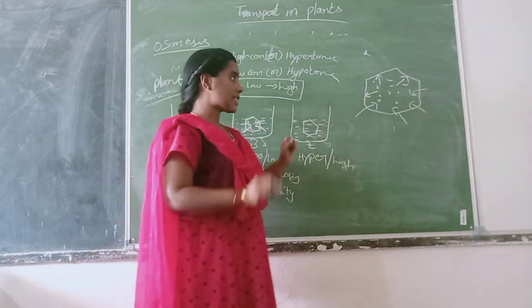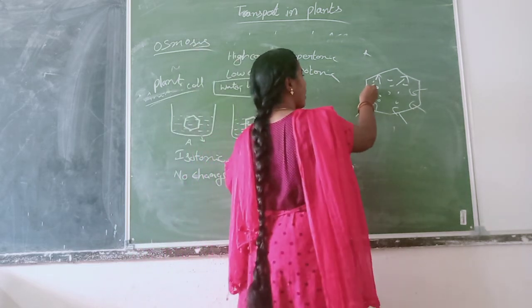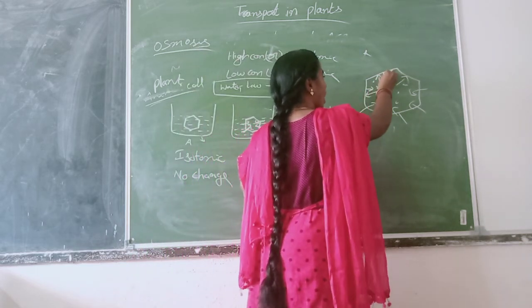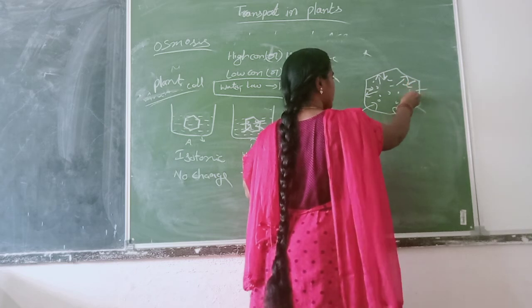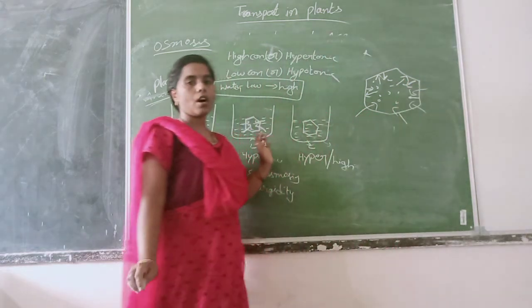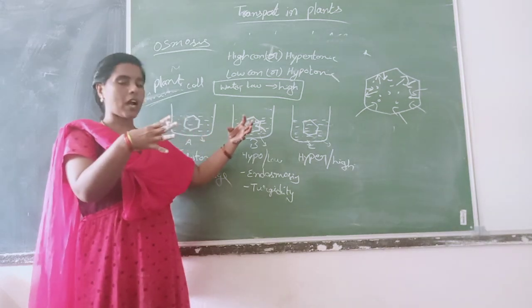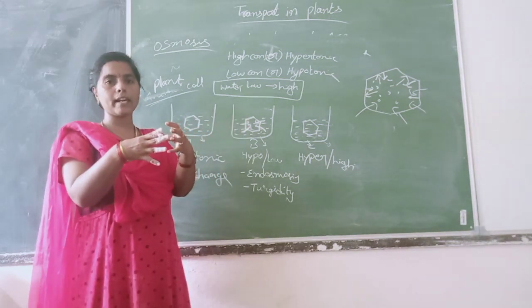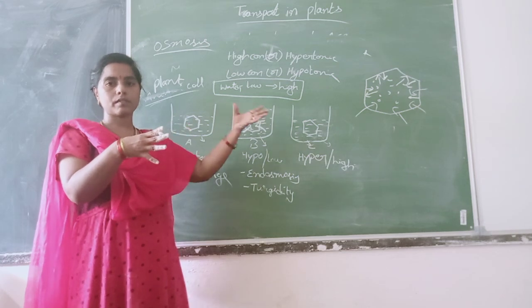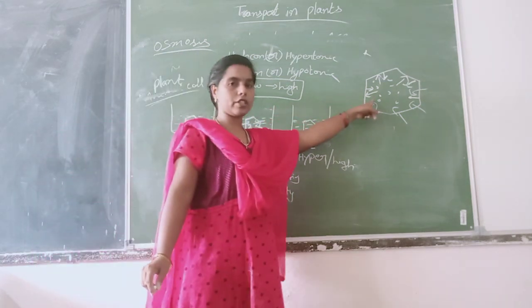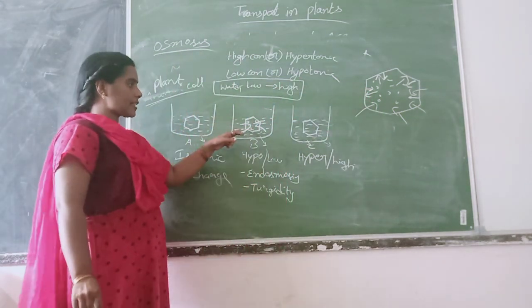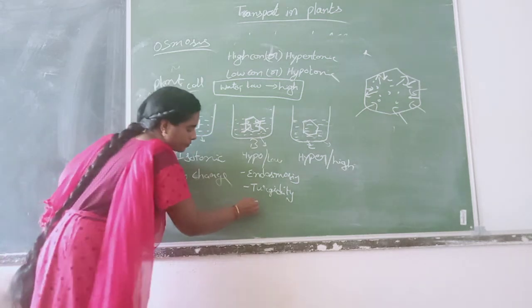But here similarly the cell wall also will show opposite pressure on the water molecules. The cell wall shows pressure opposite to the pressure shown by the water molecules. So here the cell will not rupture.